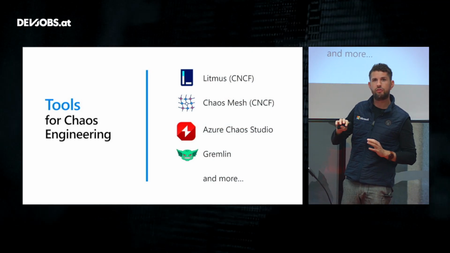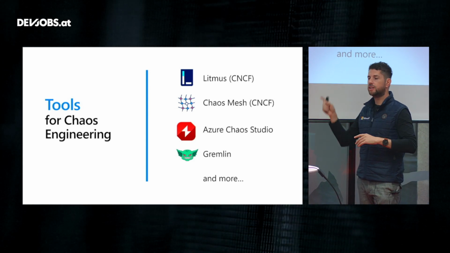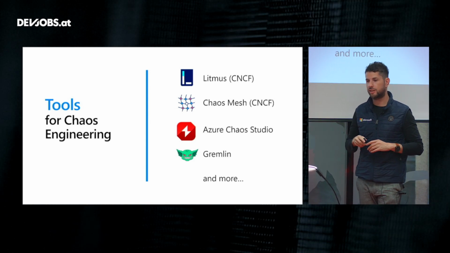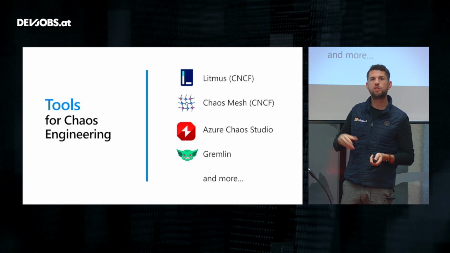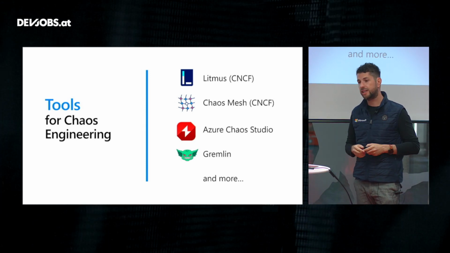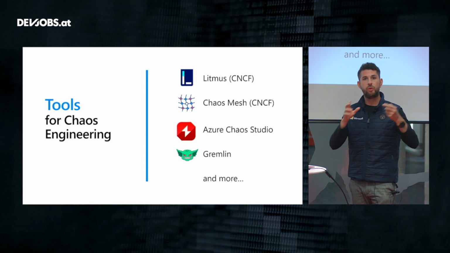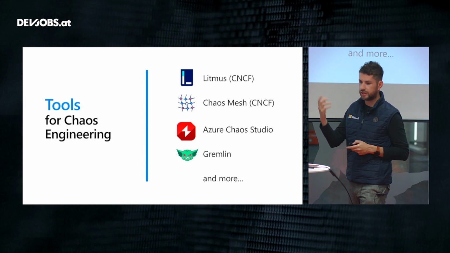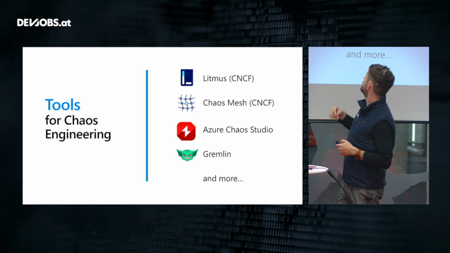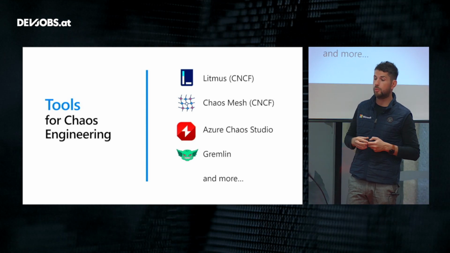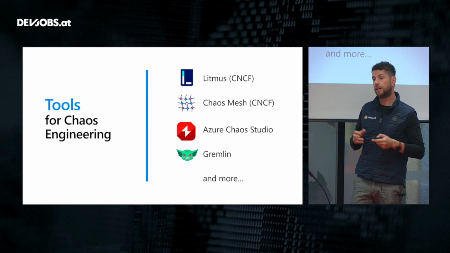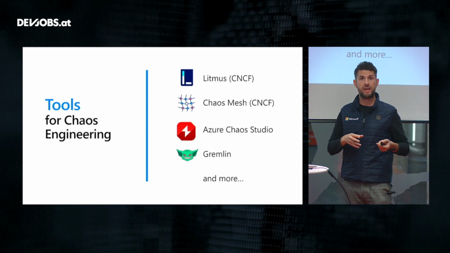You might have heard of Chaos Monkey. I did not put it up here because, at least to my knowledge, it's not available anymore. But this was one of the first, invented by Netflix. So they came up with the idea of chaos engineering and they called it Chaos Monkey. And then the more prominent examples as of today are two very prominent open source projects, Litmus Chaos and Chaos Mesh.